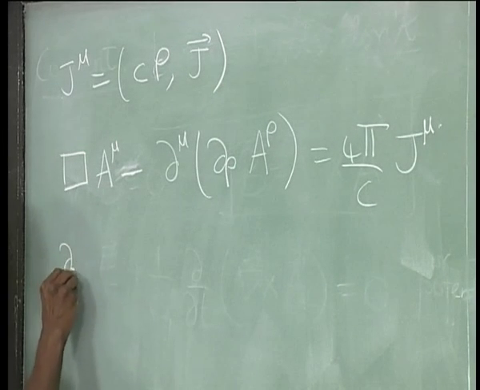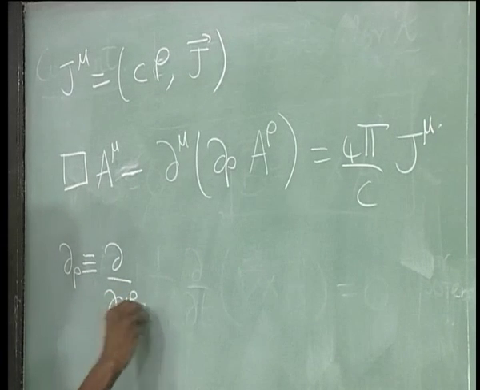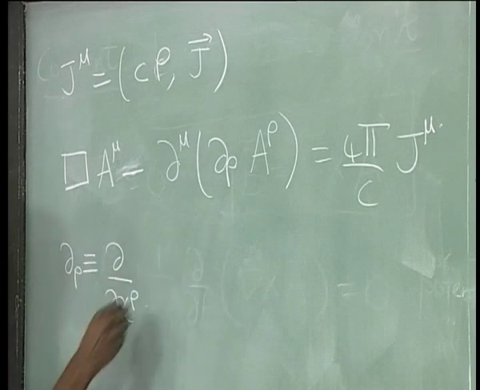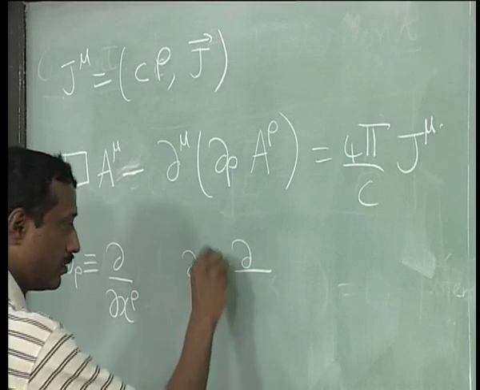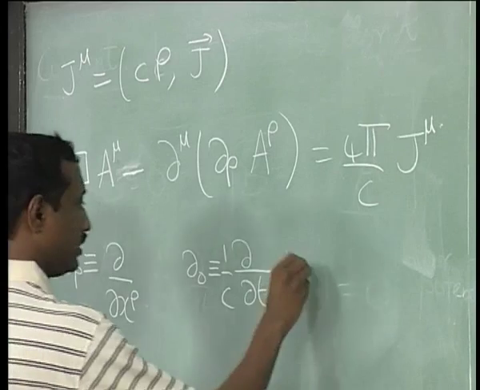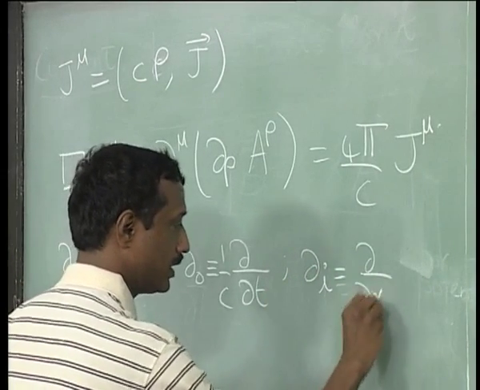D rho is a very natural operator, it is just definition. Or equivalently, if you write it out, you can see d0 is defined to be 1 by c d by dt, and di is the usual d by d xi.